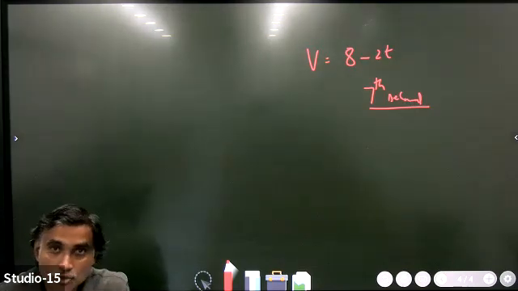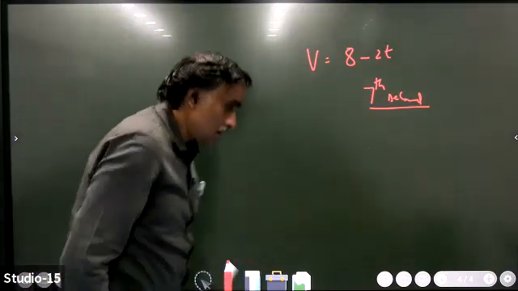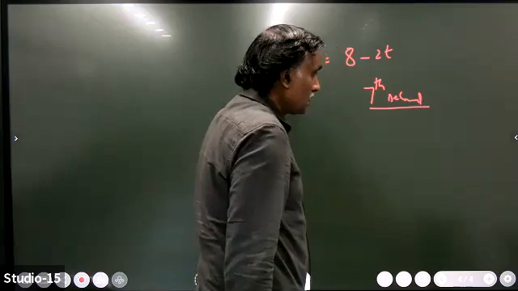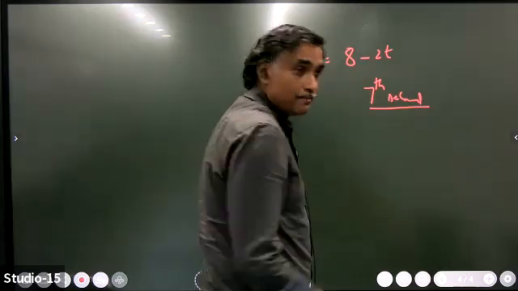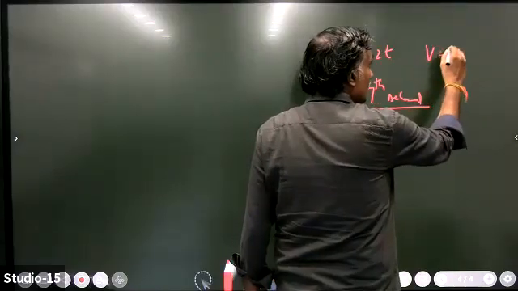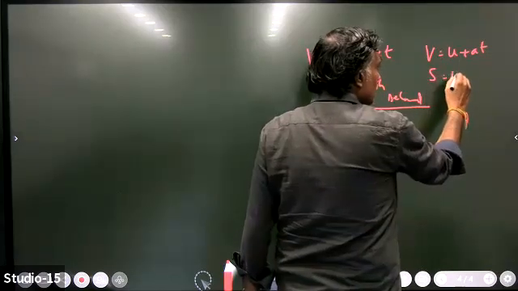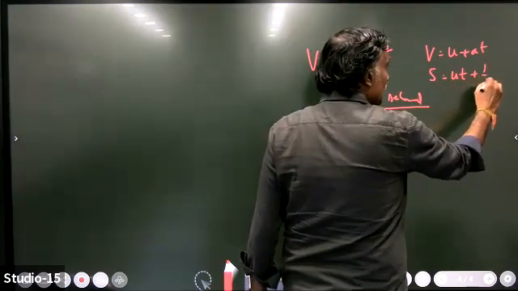Now for a straight line motion, if acceleration is constant, how is velocity varying with time? V equal to u plus at. And what is displacement as a function of time? Ut plus half at square. These are the formulae.